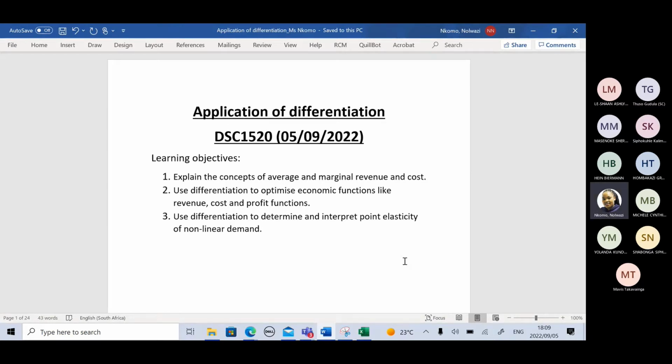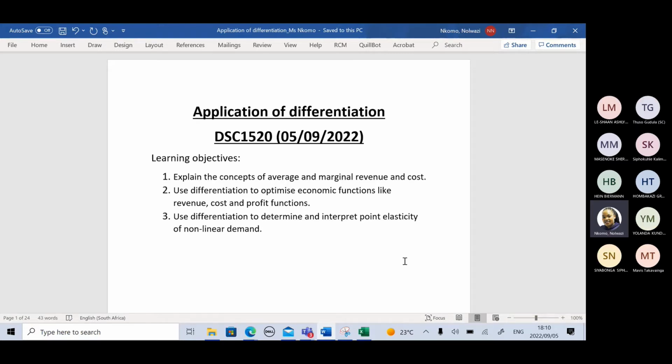We'll continue where you guys ended with Prof. So today's section will cover the application of differentiation. After today's class, you have to be able to explain the concepts of average and marginal revenue and cost.